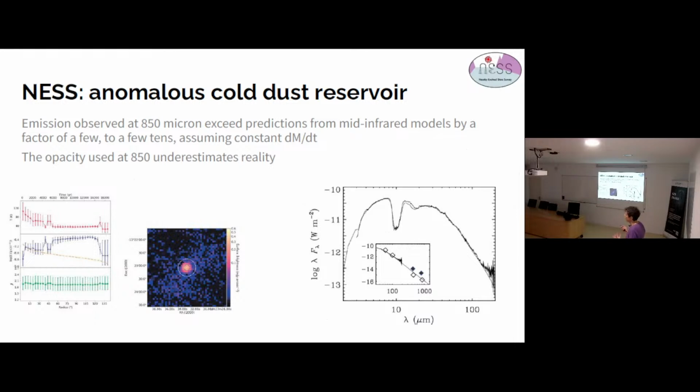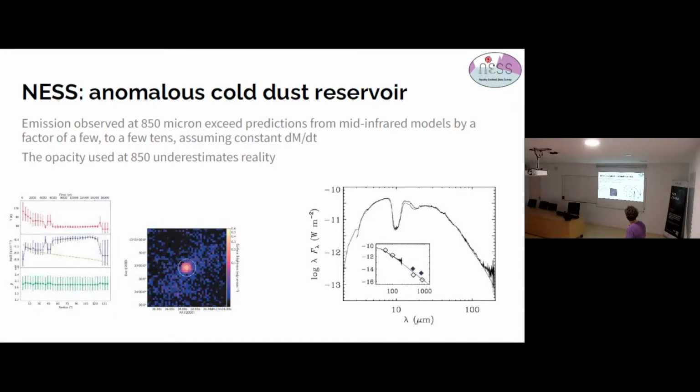In our earlier work on this data, we already found that there is an anomalous cold dust reservoir, and I'm showing this figure again, and that comes down to an under-prediction of the real observations at 450 and 850.